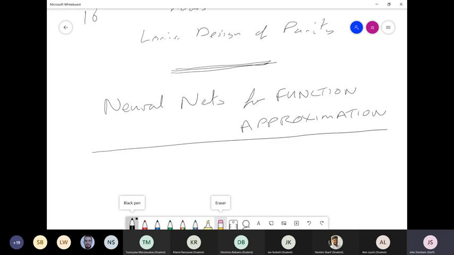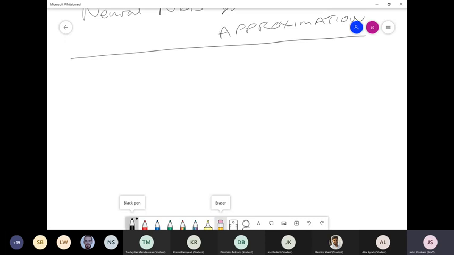Neural networks to learn the function of a system. Now, so far, what we've been doing is using neurons to partition inputs into two classes. And the neuron model is only a two-class classifier, the plus class and the minus class.